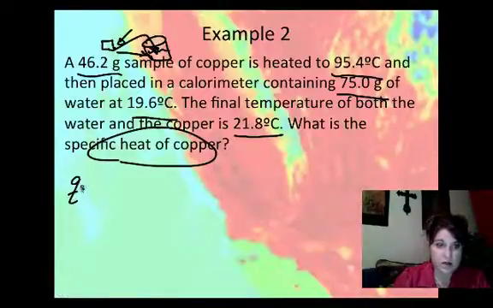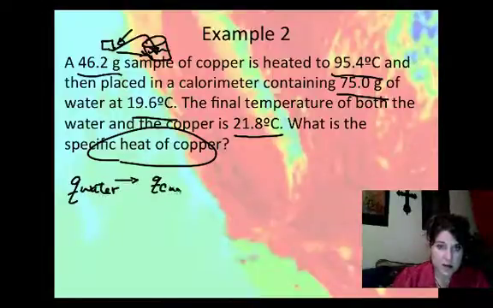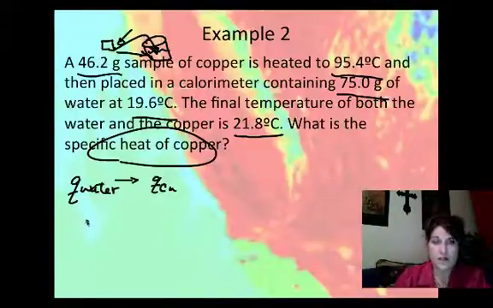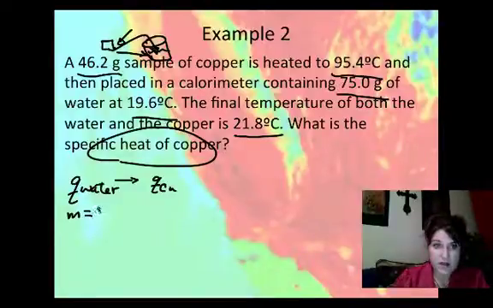So we're going to have to use heat for water to get to the heat for the copper. That's the only way to do this here. Alright, so what do we know about the water? Remember, we're using heat of water, so let's take the mass of the water. We had 75 grams of water.